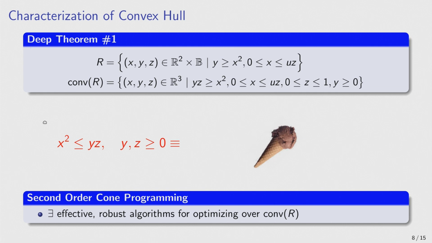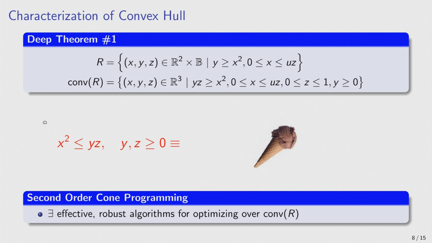You can show that this constraint here, that's central in the set, the nonlinear constraint for Y, X, and Z non-negative, is a cone. So it's a conic constraint. And that's beautiful because this is a convex set. And in fact, it's a second order cone, and there exist good algorithms for optimizing over the convex hull of R.